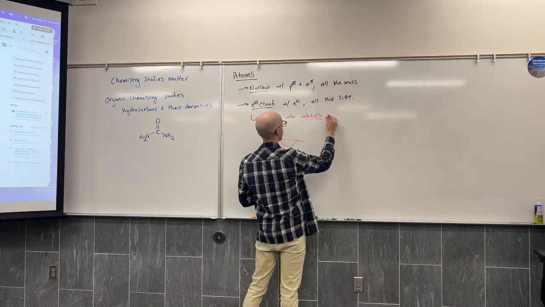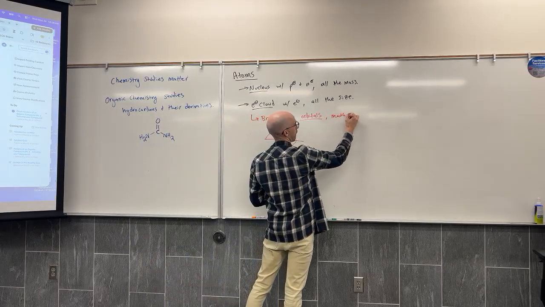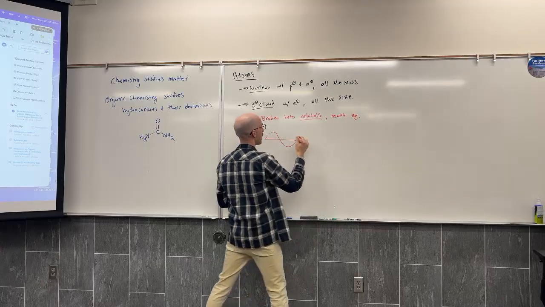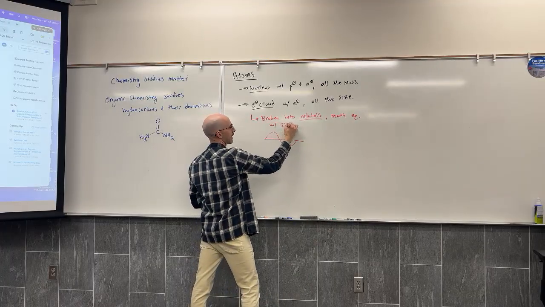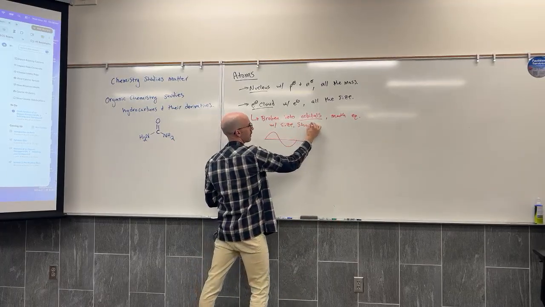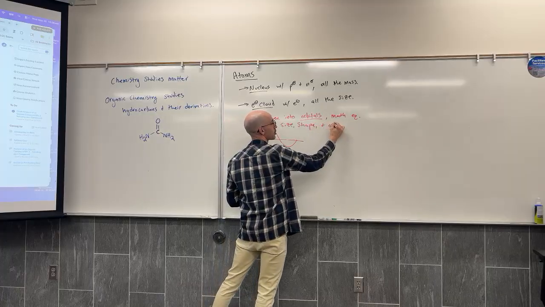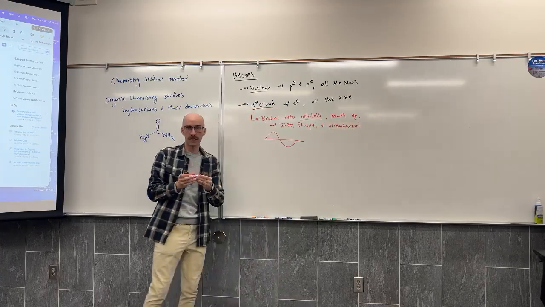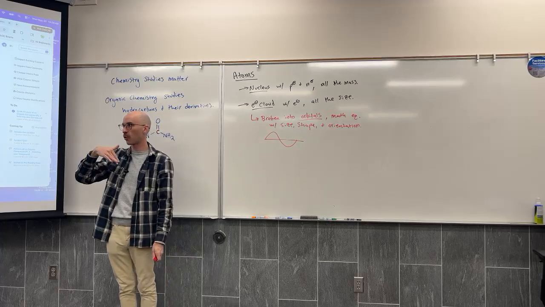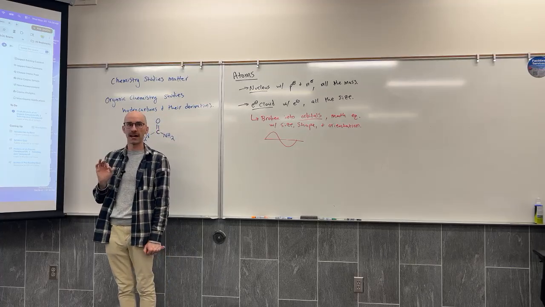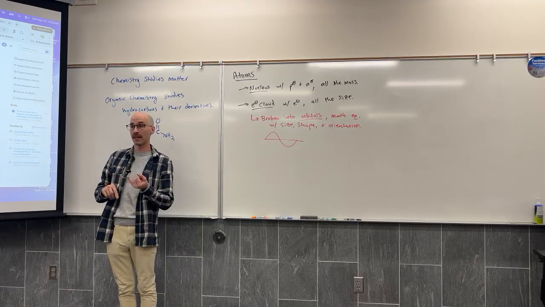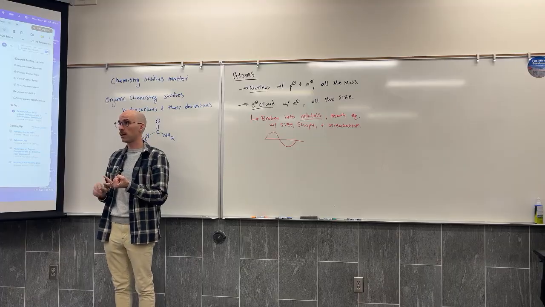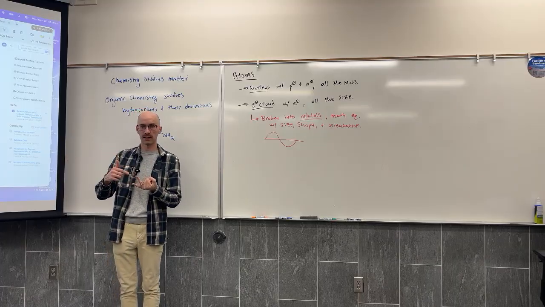Orbitals, so math equations with size, shape, and orientation. If we create an x, y, z coordinate axis, we could actually have orbitals of the same size and the same shape, but oriented differently.